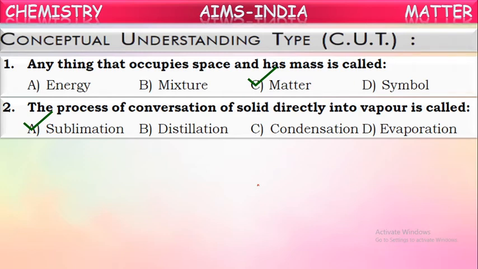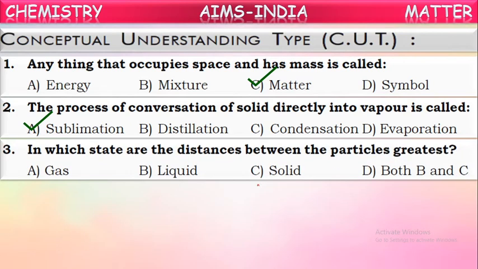Examples: ammonium chloride, camphor, naphthalene, iodine. These can convert directly from solid to gas on heating without coming into liquid state. That process is called sublimation.